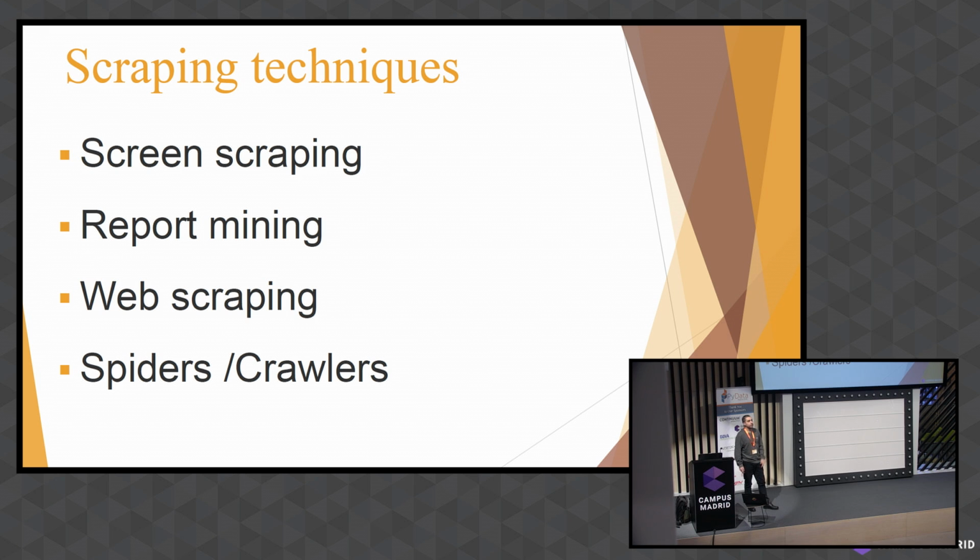Web scraping is where we can extract data from an HTML page, XML, and so on. And finally, the other technique is spiders or crawlers. That is the capacity that robots have inside the web for extracting links and navigating through the pages.